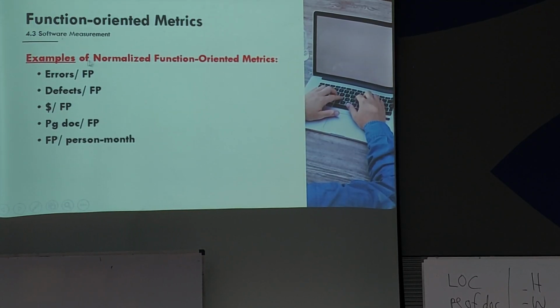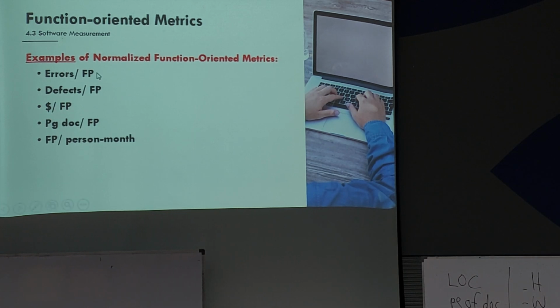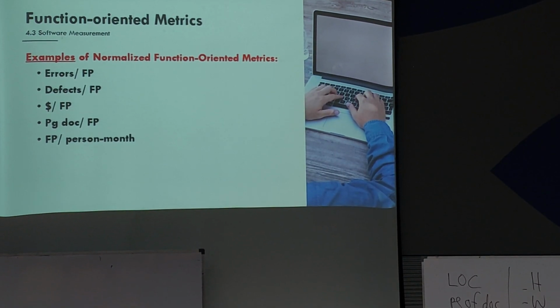These are examples of normalized function-oriented metrics. After you know the function point, you can divide errors by function point, or defects by function point, to make a fairer comparison.